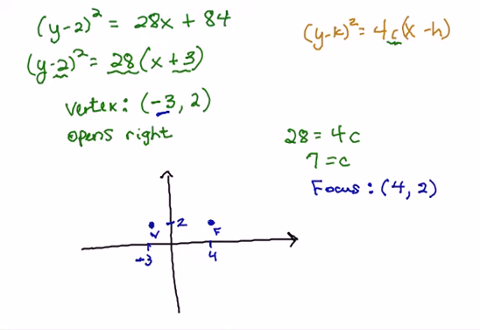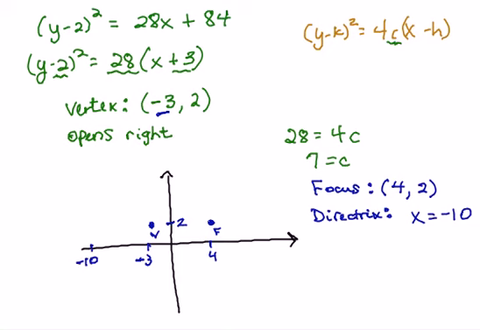The directrix, on the other hand, is going to be 7 units to the left. And so if I start at -3 and go 7 units to the left, then that, of course, is going to put me at -10. So my directrix is going to be the vertical line x equals -10. And we'll say that's about right here.